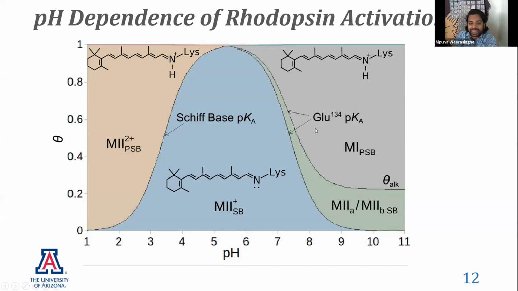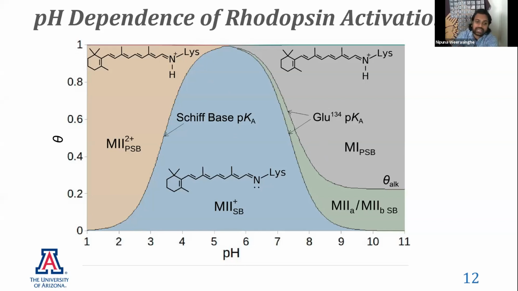Here, there are two key residues in rhodopsin that can deprotonate and protonate during activation. One is the Schiff base that is attached to the retinyl ligand. Another one is glutamate 135. So glutamate 135 pKa is directly related to the meta 1, meta 2 equilibrium constant. So we can use the glutamate pKa value trend to see how the osmotic stress affects the system.